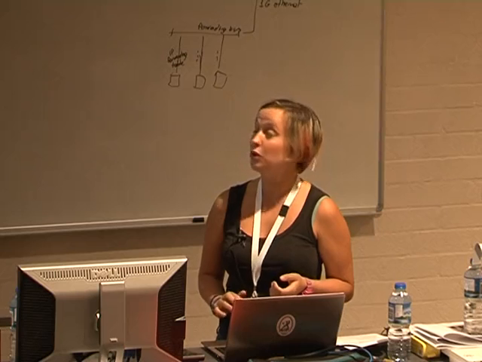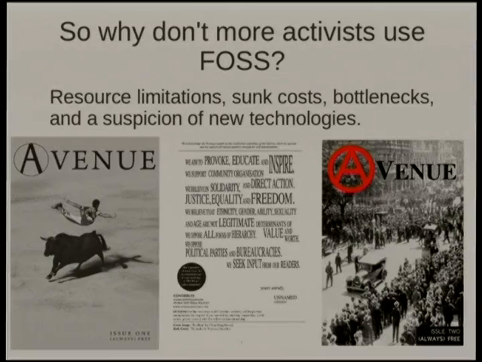So I'm going to talk about a case study here now, which is just a fancy way of saying anecdotal experience. I'm talking about this magazine, Avenue, that my collective and I put out in Perth. Avenue is an anarchist-ish magazine.